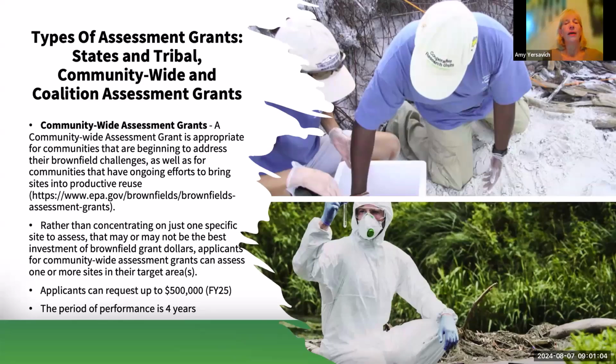Instead of focusing on just one specific site, you're going to have some priority sites. You have to name at least one in your grant application. But once that money is spent, you're typically going to be doing assessments on anywhere from 6 to 10 to 12 sites. These can go up to $500,000 in a request, and the period of performance, the grant performance years, is 4. Next slide.